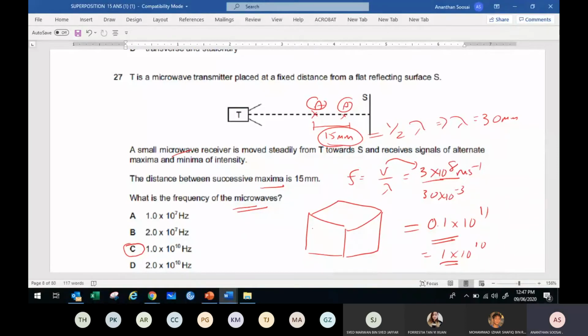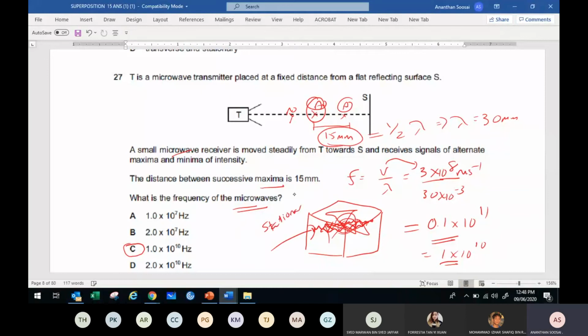The microwave is traveling and it is reflected, and it forms a stationary wave inside in all directions. Too many reflections, so it forms a stationary wave. The point where the antinode happens is constructive, and the node happens elsewhere. So remember, the type of wave inside the microwave oven is a stationary wave.